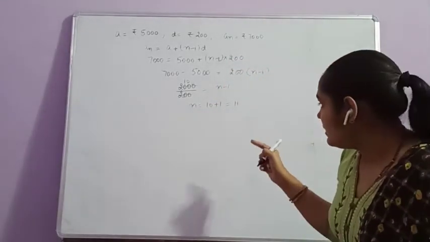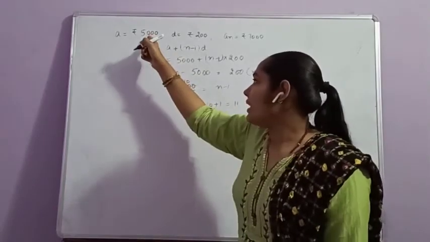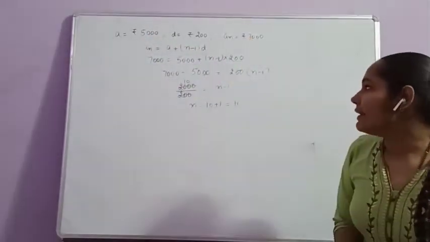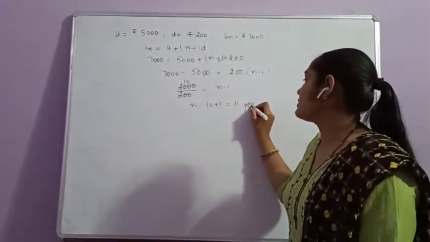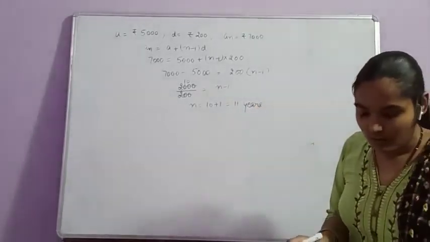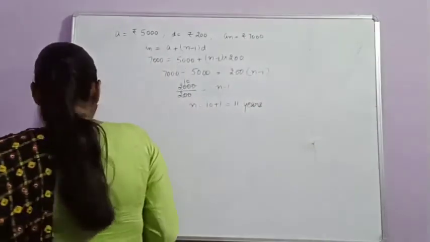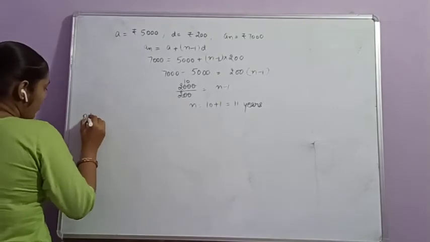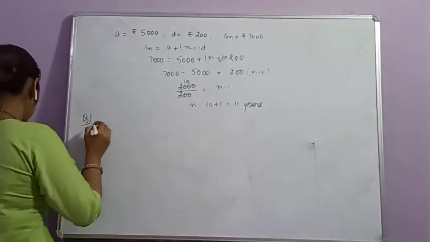In 11 years, income of Subbarao will increase from 5,000 to 7,000. Clear? Now, there is a question for you. You have to solve it in your notebooks and write the answer in comment box.